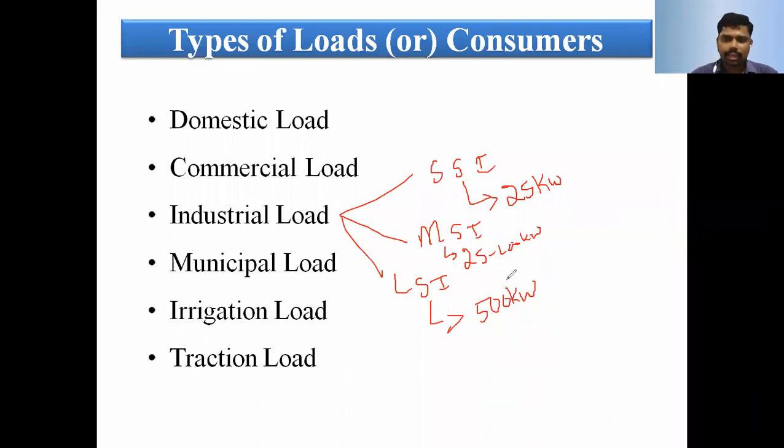The power is different because they are connected to the secondary transmission line or primary distribution line. They are taking a separate feeder. In the industrial consumer premises, a step down transformer is kept. Based upon the requirement, they step down, that is 33 kV to 11 kV or 11 kV to 440 volt.